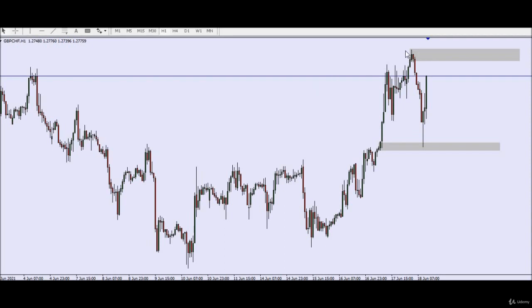So this is not just resistance or support, but it's also a supply and demand zone. So we need to be very careful when the price will touch these zones. As you can see here, it went immediately to the upside.